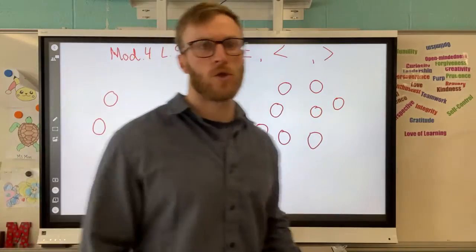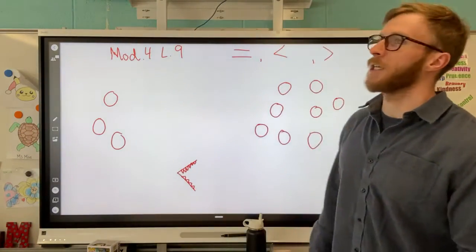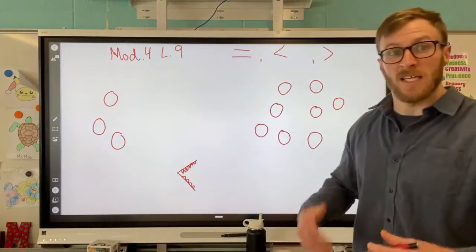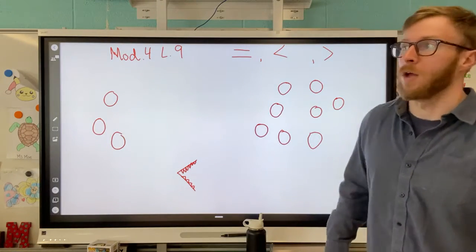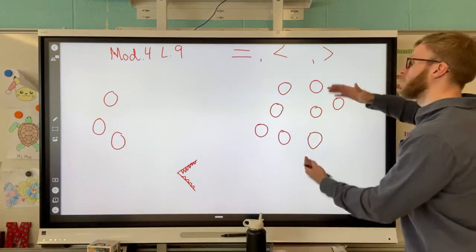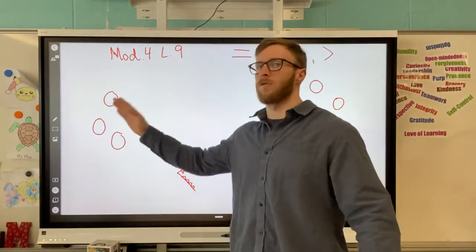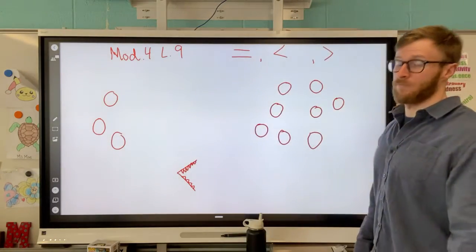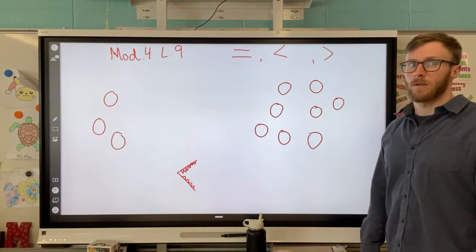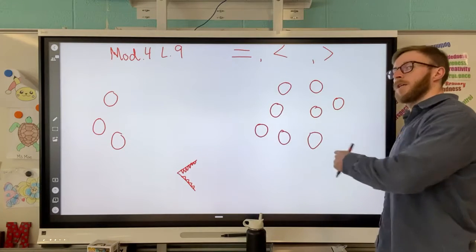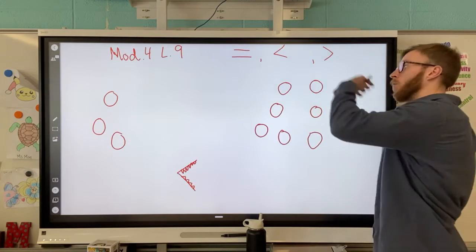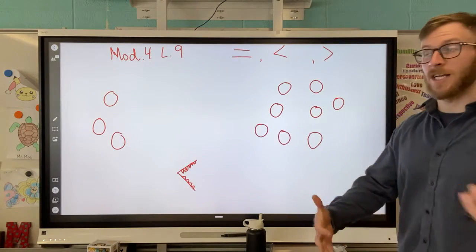Now this alligator is super duper hungry and he loves to eat fish, but he wants to eat as many fish as he can. Would he rather eat this group of fish or this group of fish? Remember, he's really hungry. Let's count to see which one actually has more fish in it.